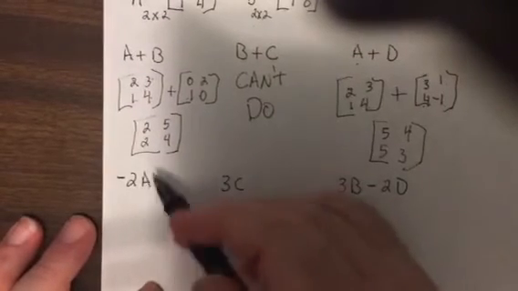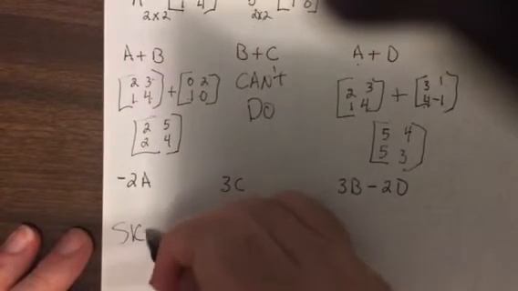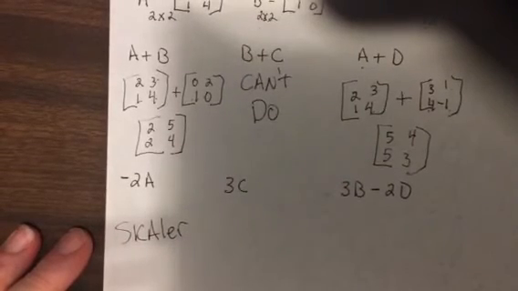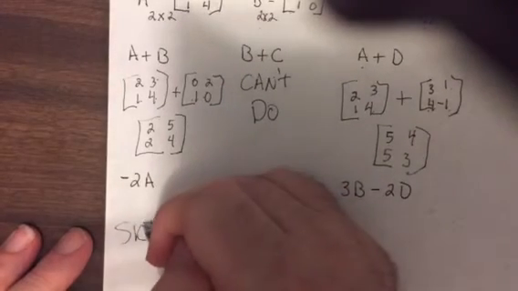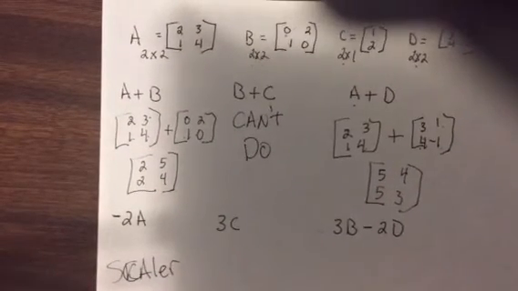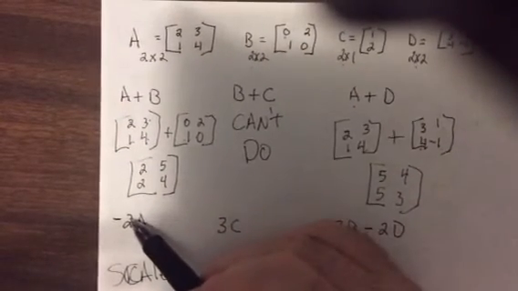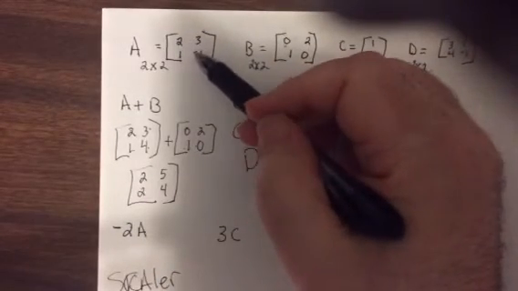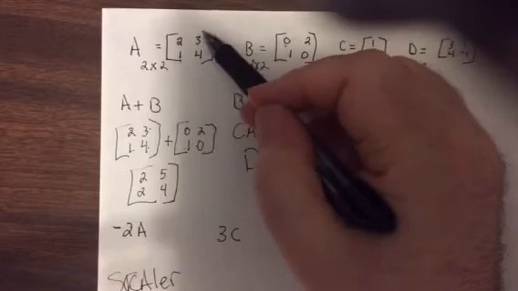Now, this is called multiplying by a scalar. What you do when you have a scalar out front is you just multiply every term inside by that number.